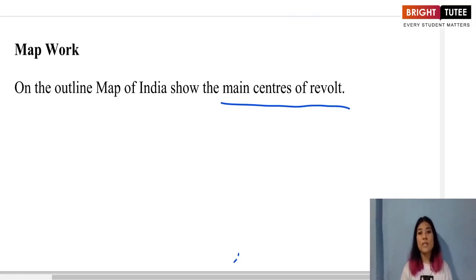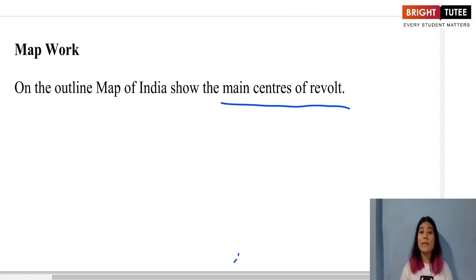And we also looked at the various events of this revolt, which started in 1857 and went on till 1858. In some places like South India, it went on to 1859, right? We looked at the main centers of revolt like Lucknow, Delhi, Kanpur, etc.